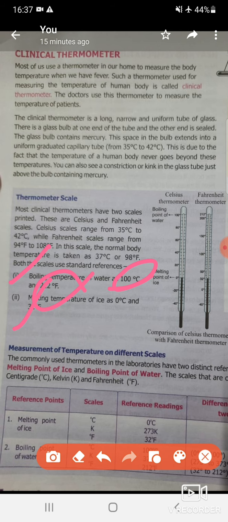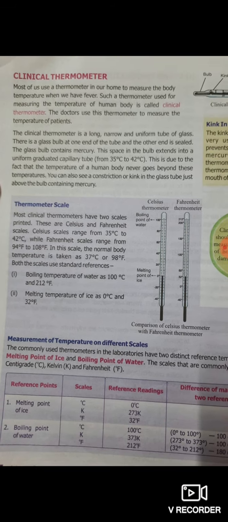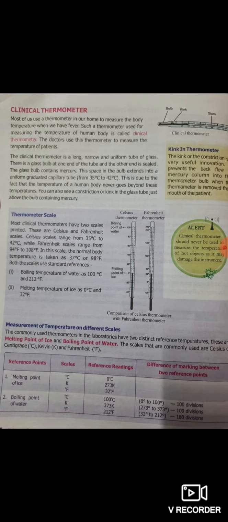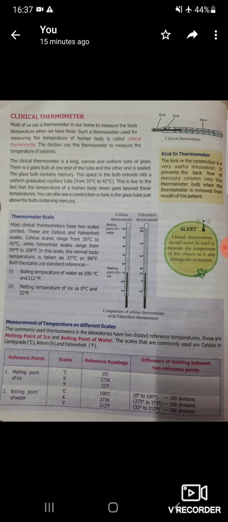Now, the measurement of temperature on different scales. The commonly used thermometers in the laboratories have two distinct reference temperatures. These are the melting point of ice and the boiling point of water. You have been given the two reference points in which the melting and boiling points are given.